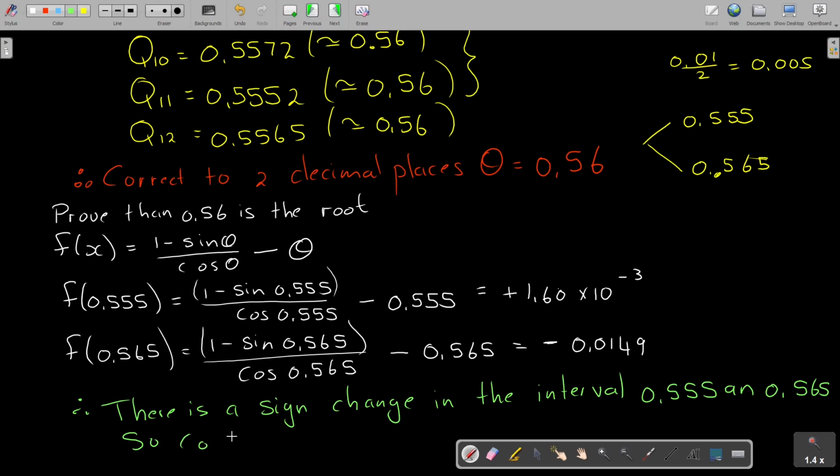So the root, correct to 2 decimal places, is 0.56, and that's that original 0.56. And I just showed you how also to do that extra part.